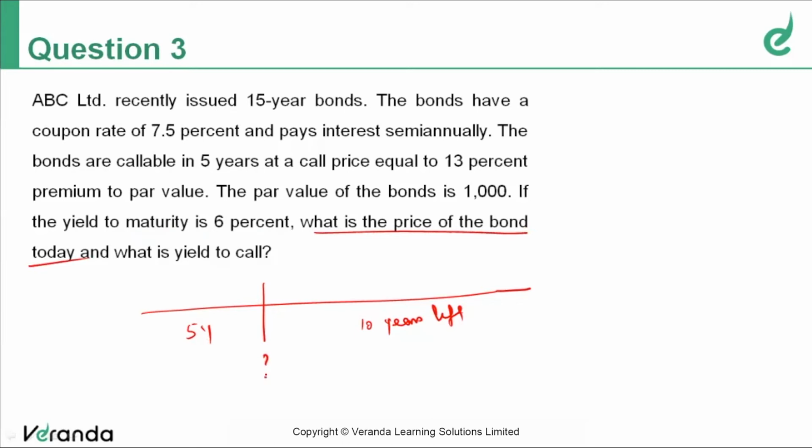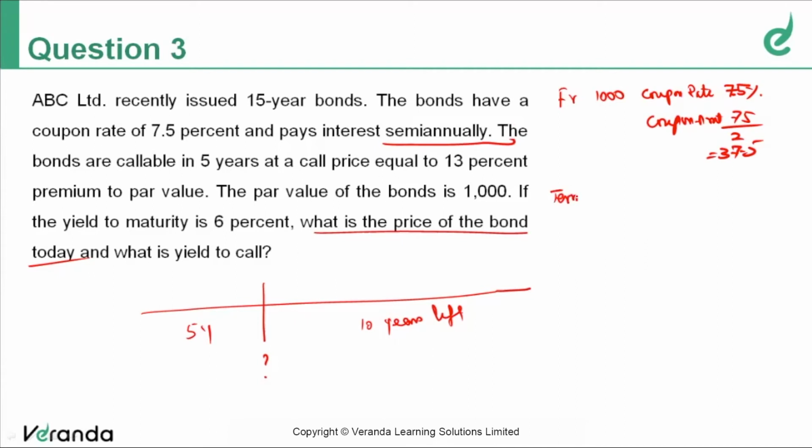So, face value 1,000, coupon rate 75, that is 7.5%. Coupon amount is going to be 75 rupees divided by 2 is 37.5. Why? Because it is paid semi-annually.